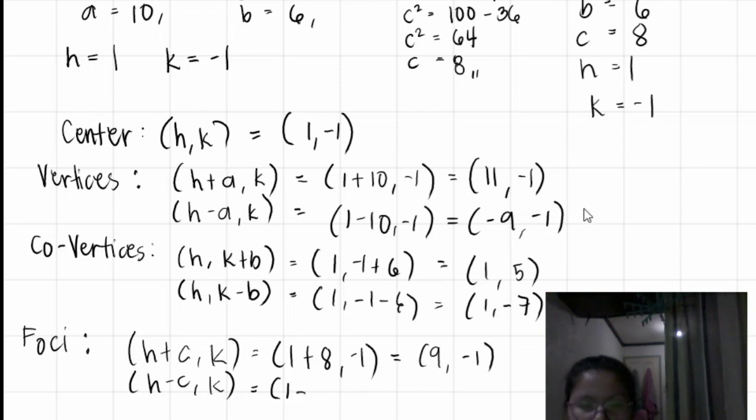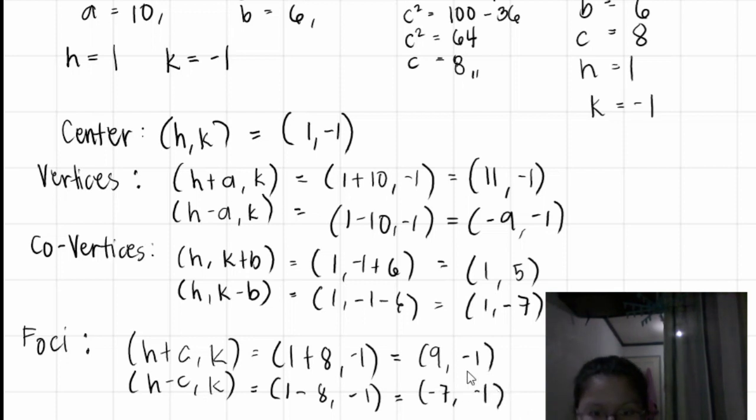Minus, ang c natin ay 8. And then, ang k natin, which is negative 1. So, simplify. 1 minus 8 is negative 7. And then, we have negative 1. So, ayan yung ating foci. 9, negative 1, and then negative 7, negative 1.